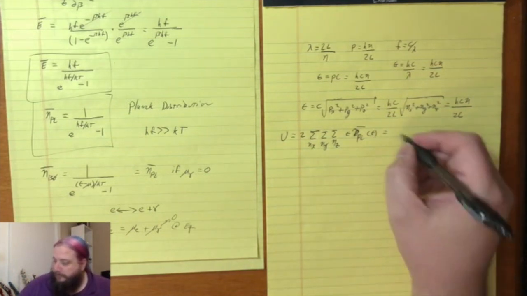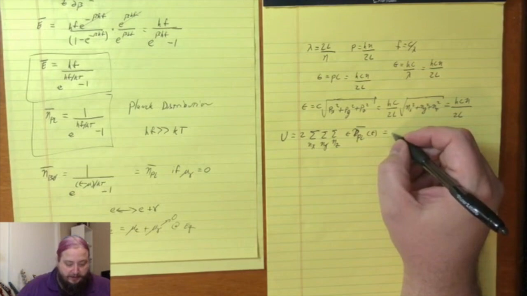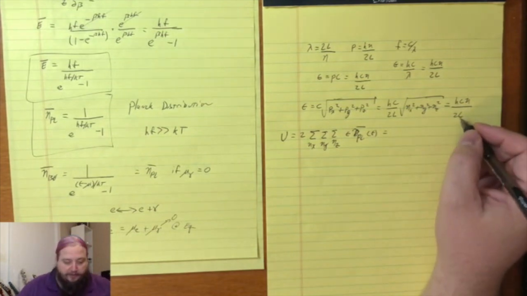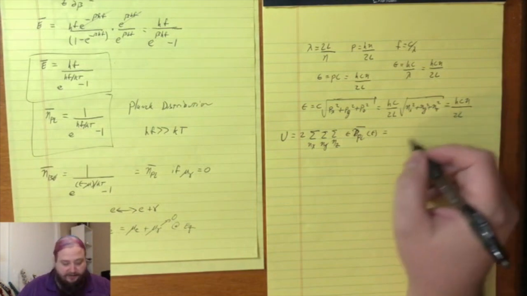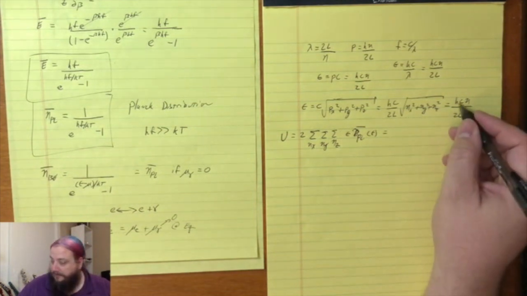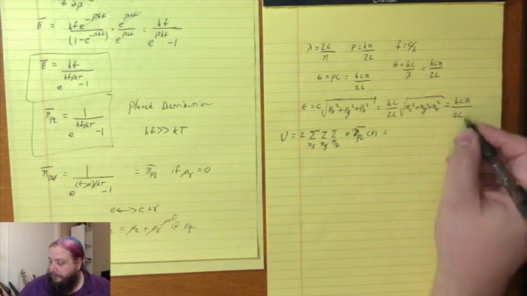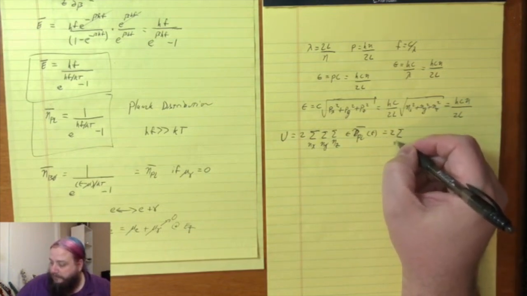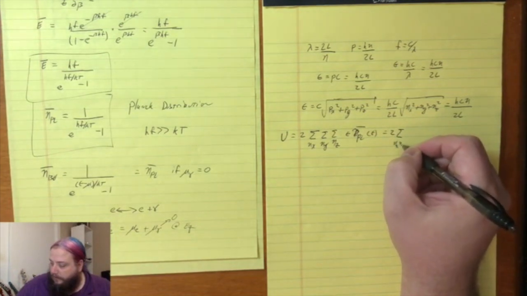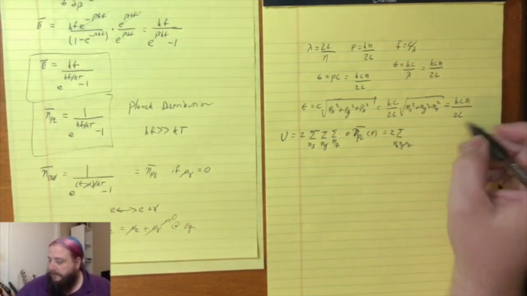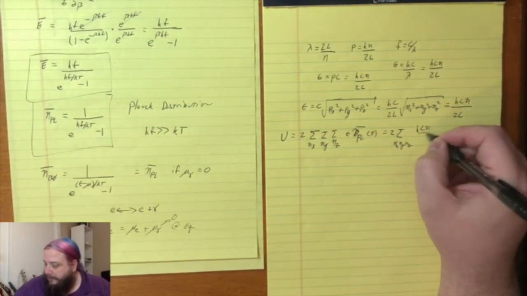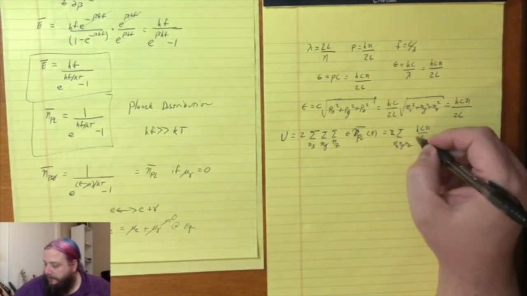First, let me just note that we have this hcn over 2L, so we could write the energy here as hcn over 2L. So if we plug that in over here, that's going to be 2 times all those sums over nx, ny, nz, times hcn over L, since the 2's cancel.